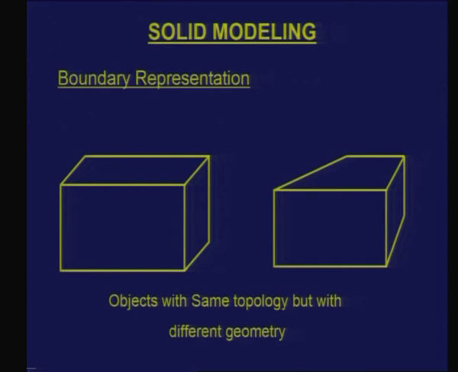is related. Now in order to store an object, suppose I want to store this information in a file, I will say that this object has 8 vertices which I call V1, V2, V3, V4, up to V8. Then this has 12 edges which I call E1, E2, up to E12. Then this has 6 faces, I call them F1, F2 all the way to F6.